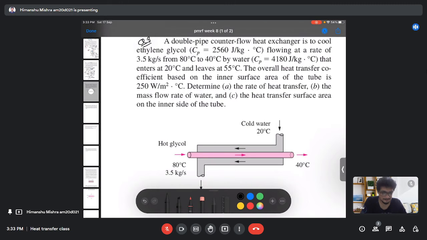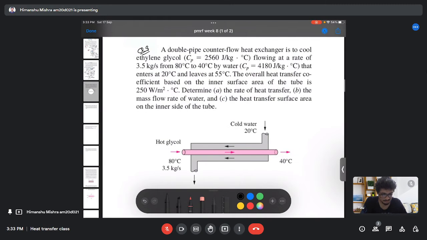In question number 3, we have a double pipe counter flow heat exchanger to cool ethylene glycol flowing at a rate of 3.5 kg per second, and we are given the inlet and outlet temperatures. It is to be cooled by water, and the water enters at 20 degrees Celsius and leaves at 55 degrees Celsius. So in this question, we have been given the inlet and outlet temperature for both fluids.